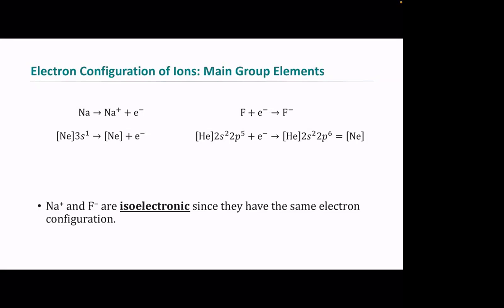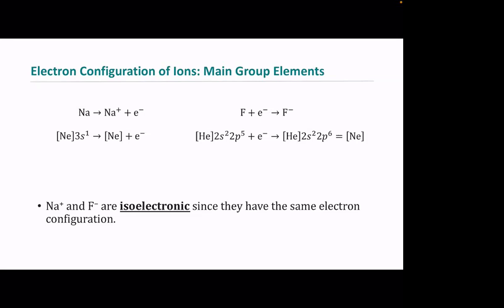Looking at ions now, it makes sense that, having covered quantum theory, we can see in electron configurations why sodium loses an electron and why fluorine picks up an electron. Sodium has one electron beyond a noble gas configuration, and we think of the noble gas configuration as stable.